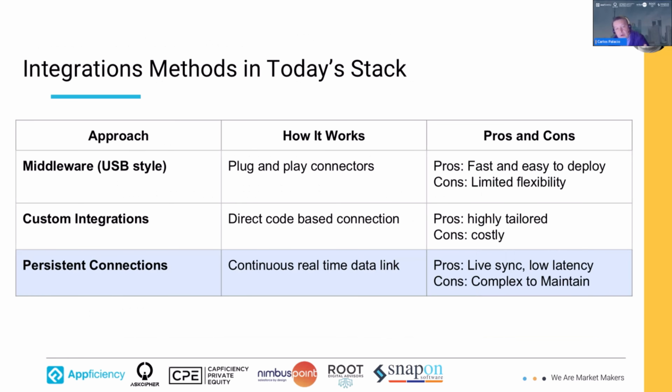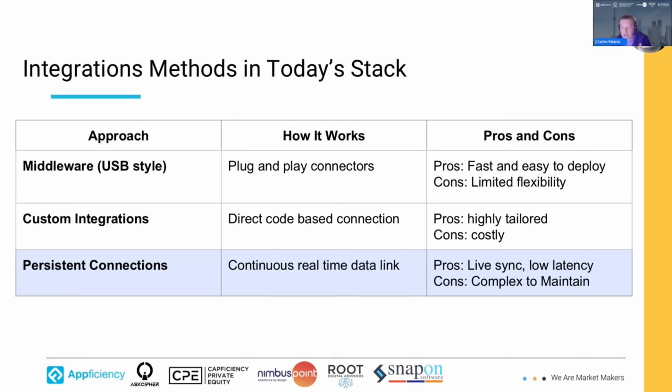Moving forward, we also need to consider the integrations that are being used in the organization, because it's not just how it communicates, but traditionally, we have used different integration methods between the systems. And we have middleware, USB style, where you plug and play different connections. This is fast, easy to deploy, but on the opposite side, limits our flexibility.